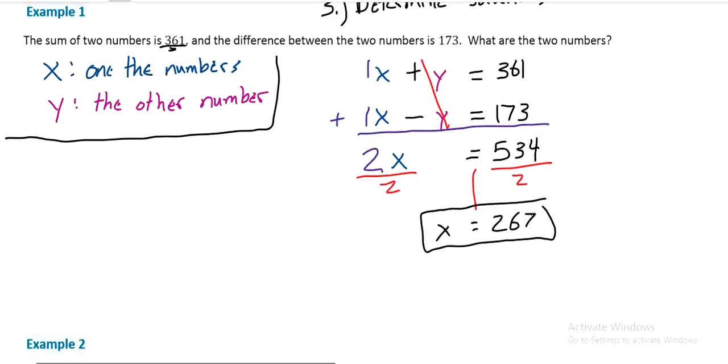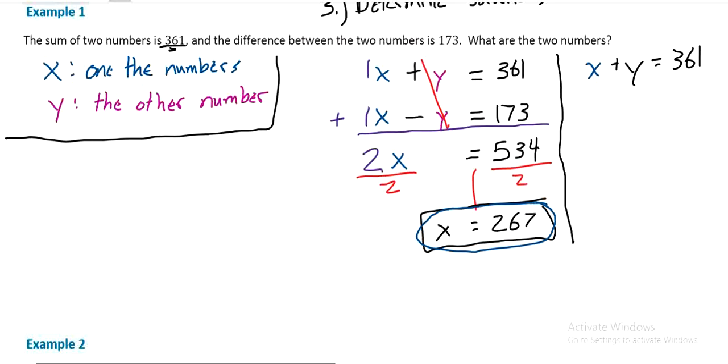So we found x is 267. Now we just have to find y. To find y, we just use one of the original equations and substitute in for x. We'll use the top equation, which was x plus y equals 361.